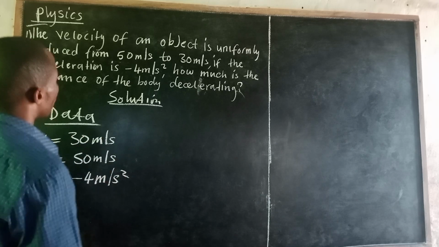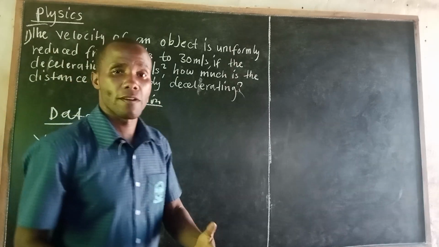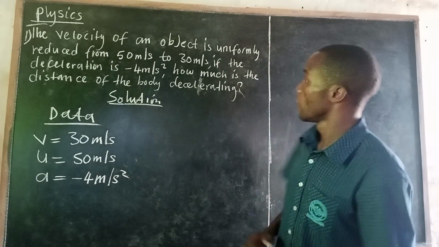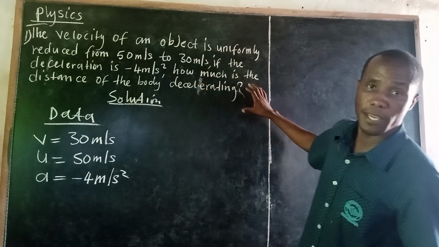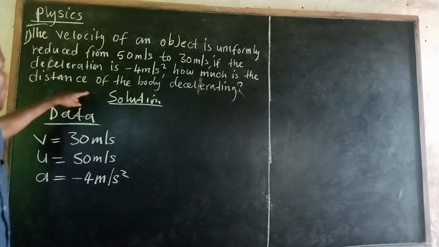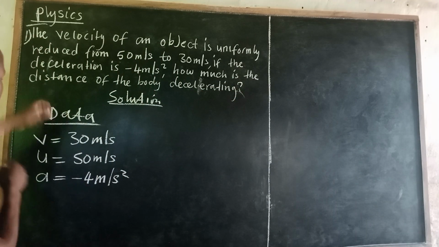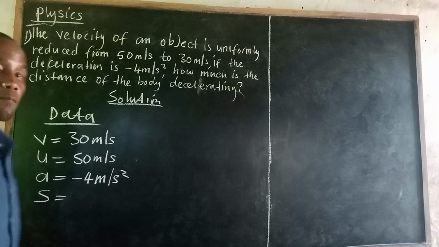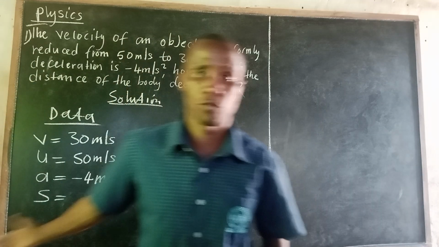And what are we looking for according to the question? It's very important for you as a learner to understand the question first. When they ask how much is the distance, they are looking for distance. Distance is represented by the letter S, which is also displacement.